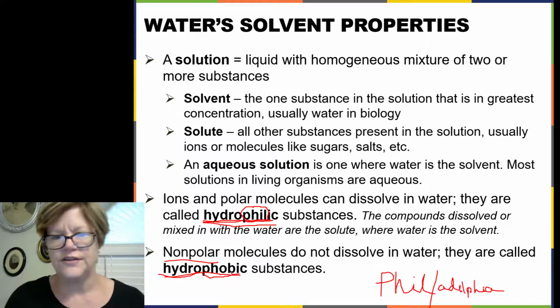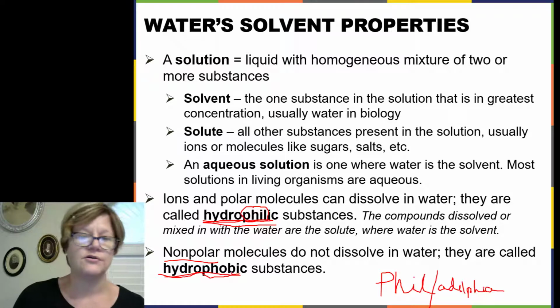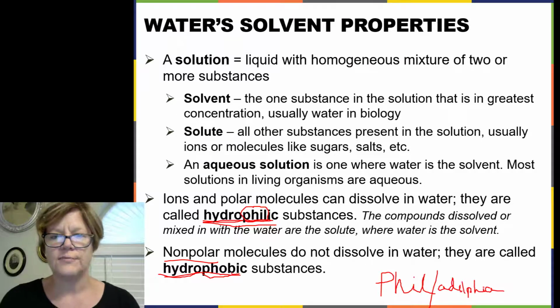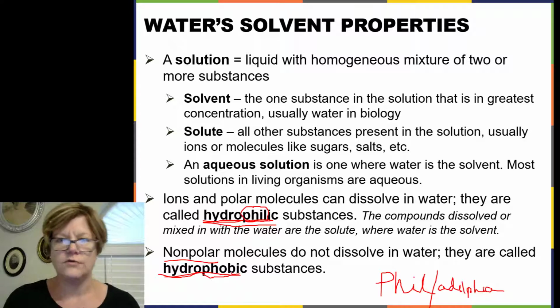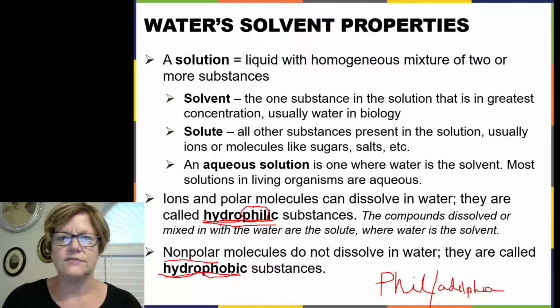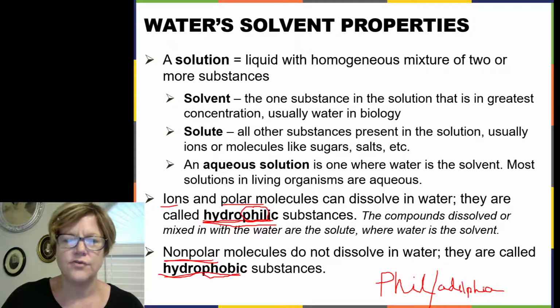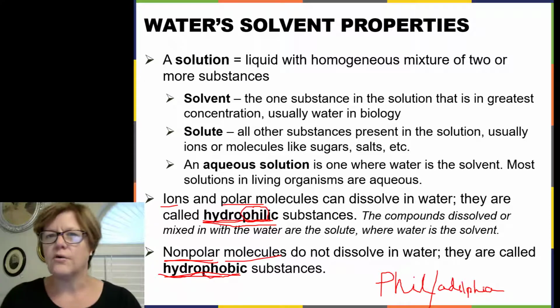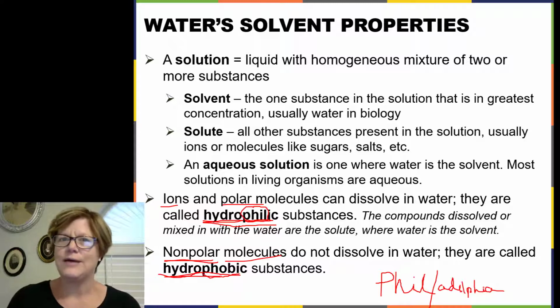So hydrophilic and hydrophobic become really critical to thinking about this. We said liking water would be important to life because water is the solvent of life. Being able to understand that ions and polar molecules are going to mix well with water, but nonpolar molecules will not, becomes critically important to what's going to happen inside the cell.